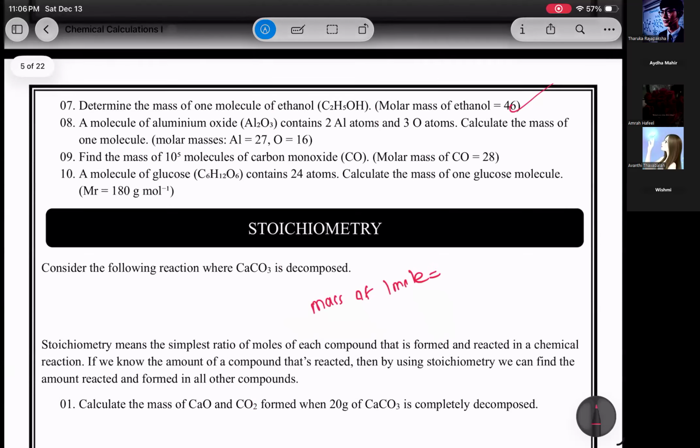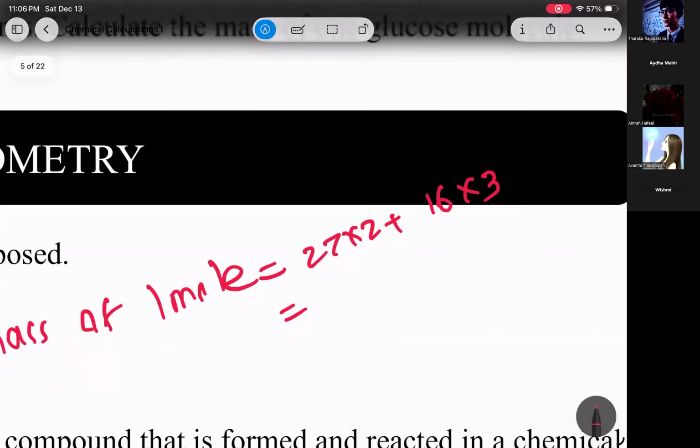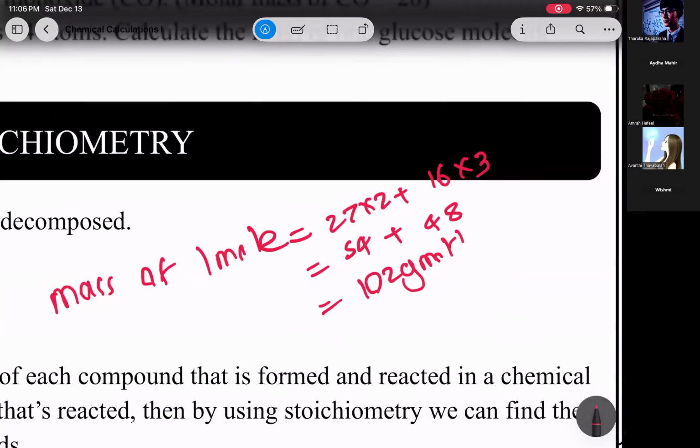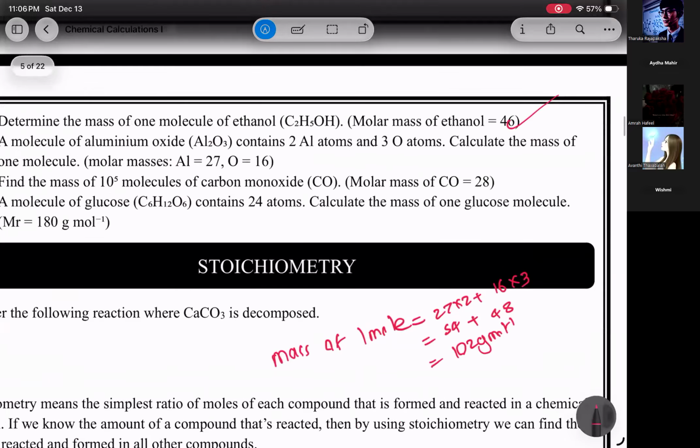So aluminium is 27, 27 into 2 plus 16 into 3. 27 into 2 is 54. 54 plus 16 into 3, which is 48, gives 102 grams per mole. That's the mass of one mole of the compound.